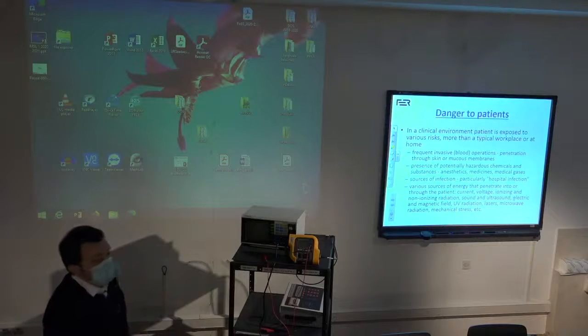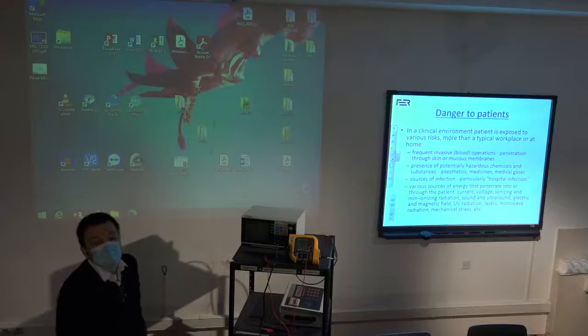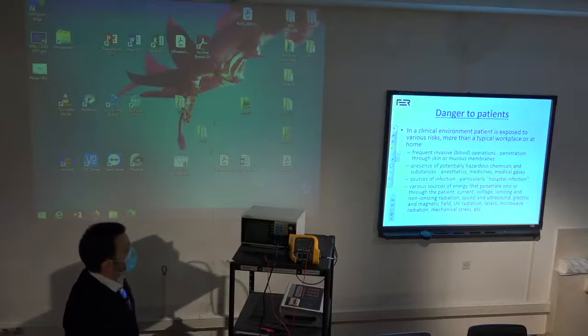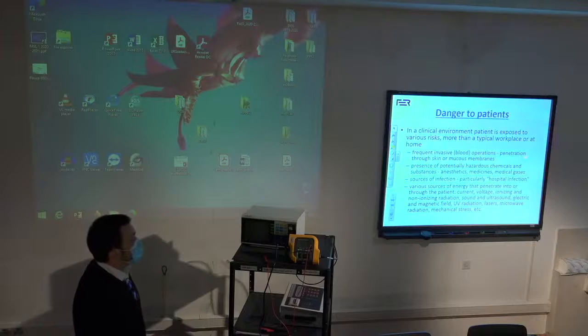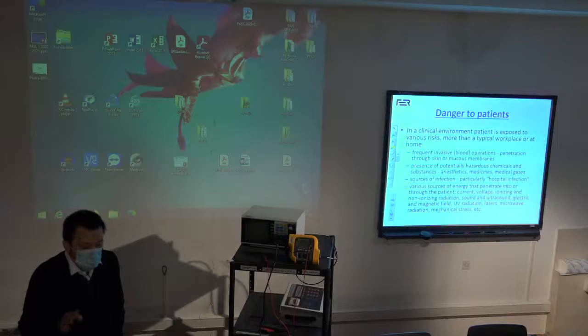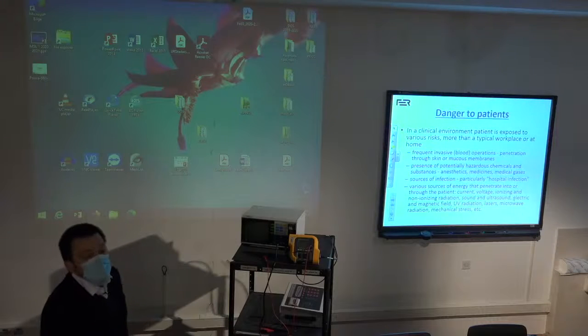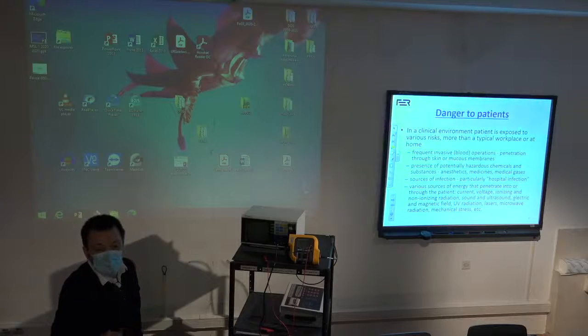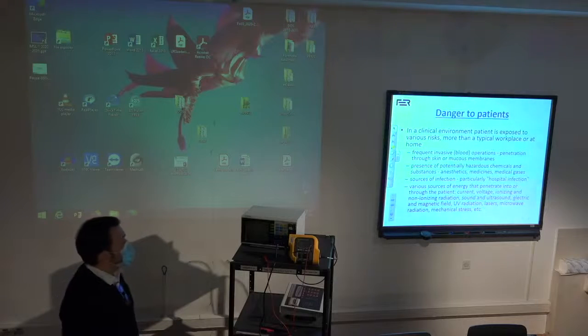So let's say the dangers for the patients are not coming primarily from medical devices. Here are some things that are more dangerous for the patients. Mostly these things have to do with blood or other penetration into the body, infections and so on, or changing the blood groups in patients. And then also hazardous chemicals.